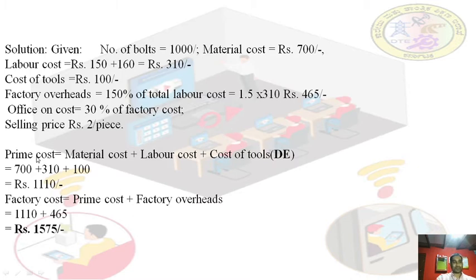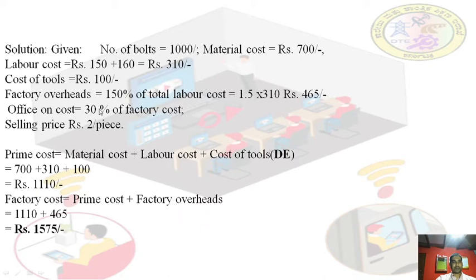Prime cost: material cost is rupees 700 plus labor cost is 310, so you have to add both these, and the direct expenses is the cost of tool. If you add all this, you will get prime cost as 1110 rupees.